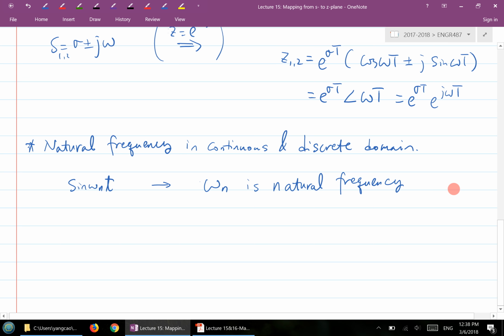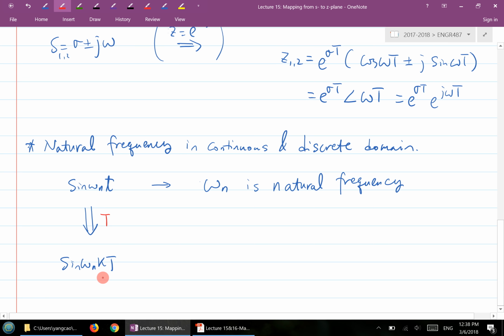Now, if we sample this sinusoidal curve using a sampling time T, your sinusoidal curve becomes a sequence of numbers.